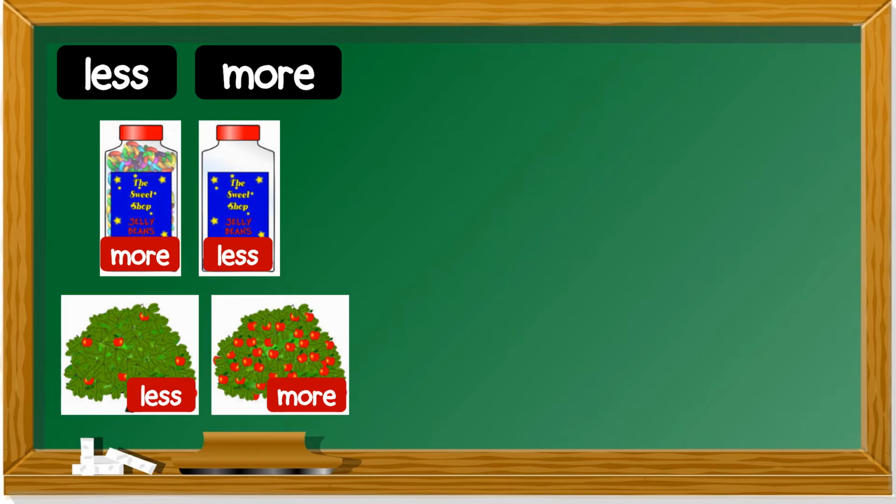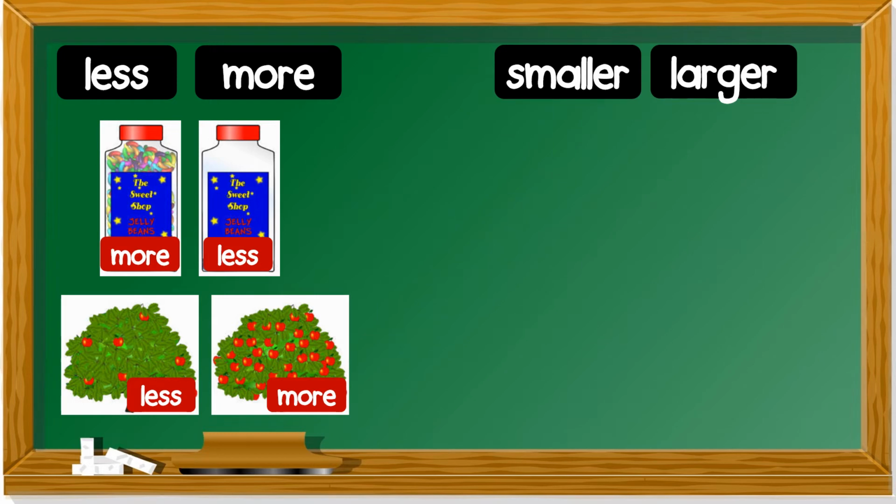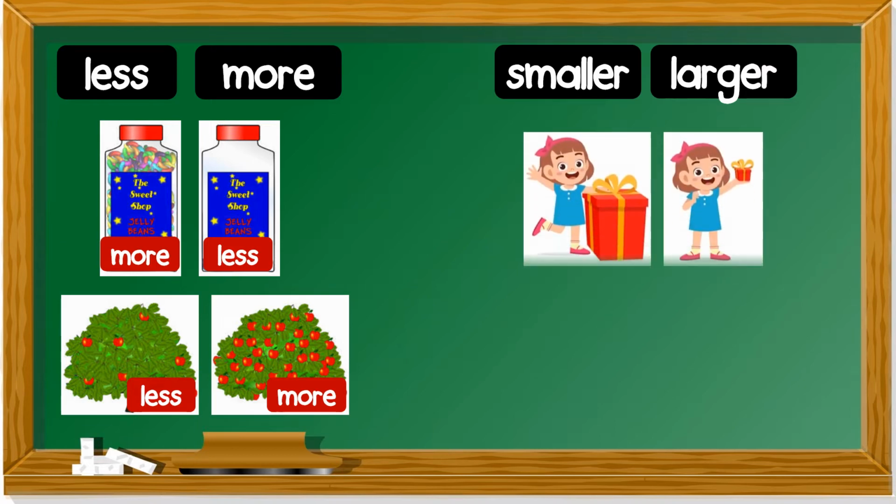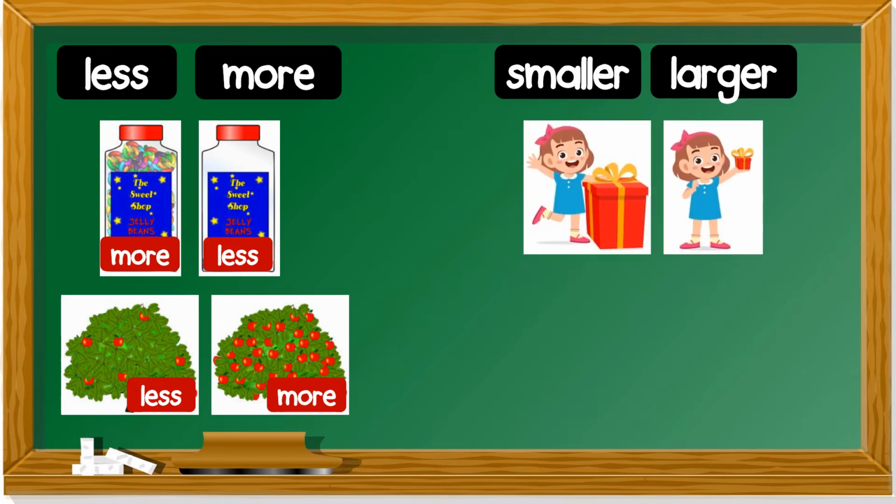Then we also learn smaller and larger. You remember what is smaller? What is larger? Which one is smaller? Which one is larger? The first photo is larger, so the latter photo is smaller. The first one, larger.